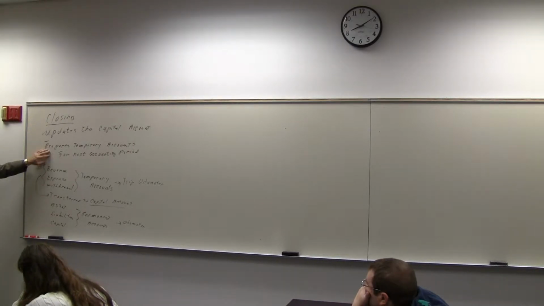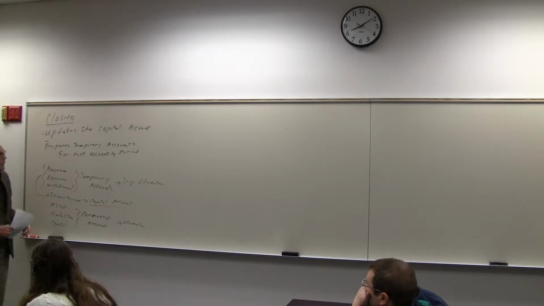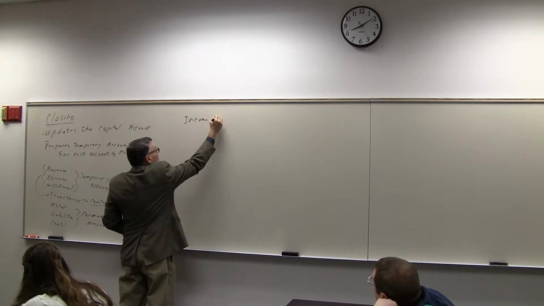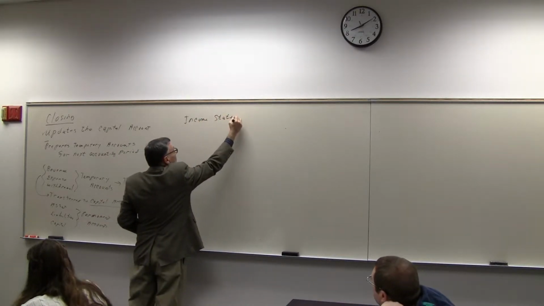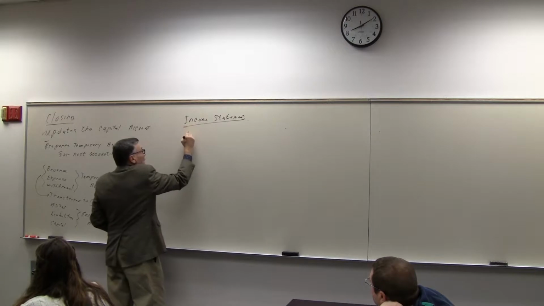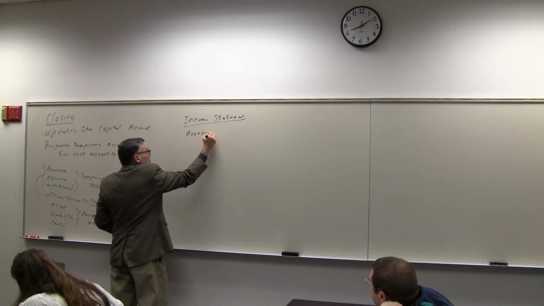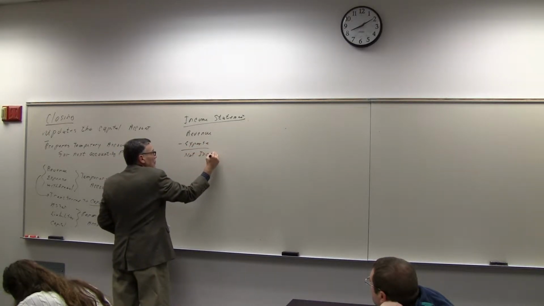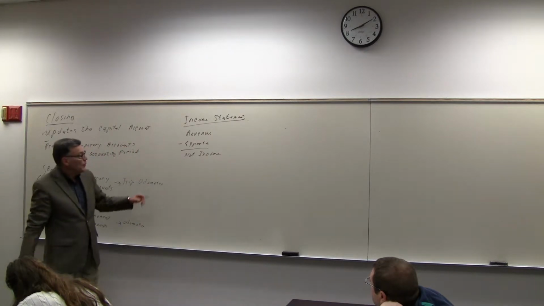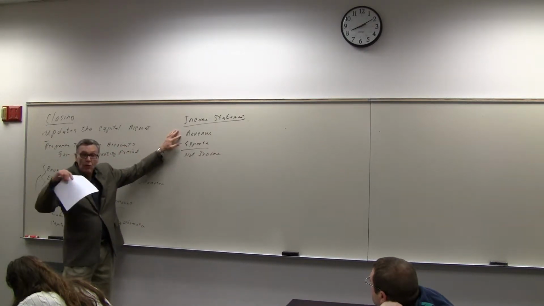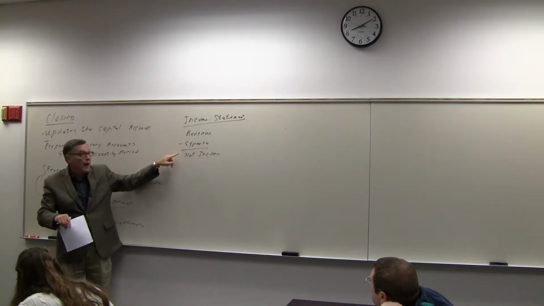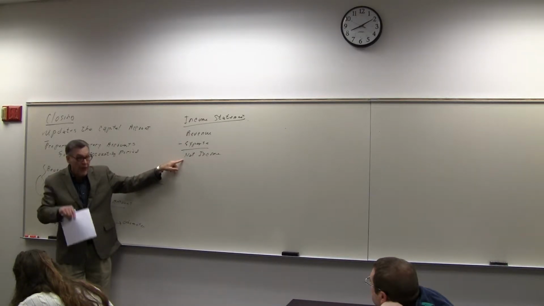How does it prepare the accounts for the next accounting period? Okay, well, here we have an income statement. Revenue minus expense equals net income. Right? Now, the only reason this works is because you have the revenue for this period compared to the expense for the same period, and that will give you the net income for that period.